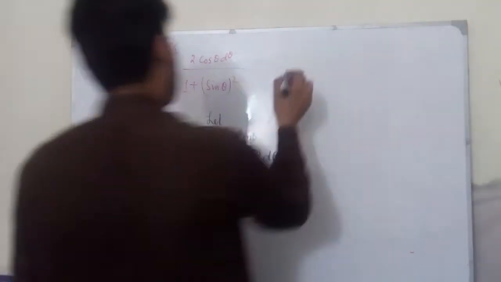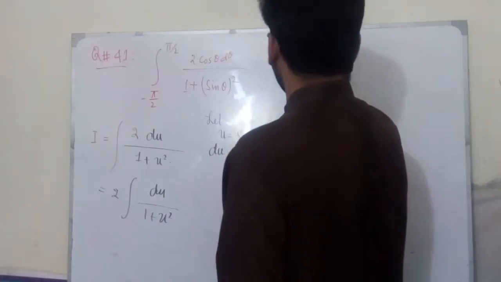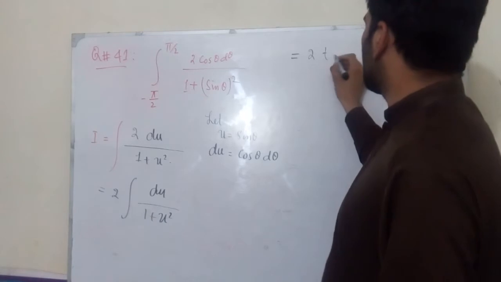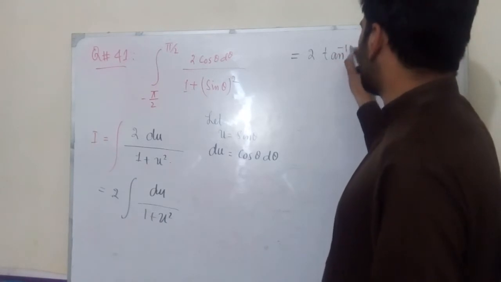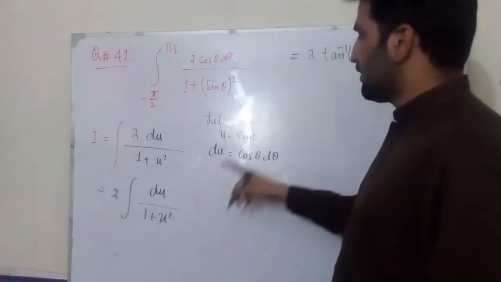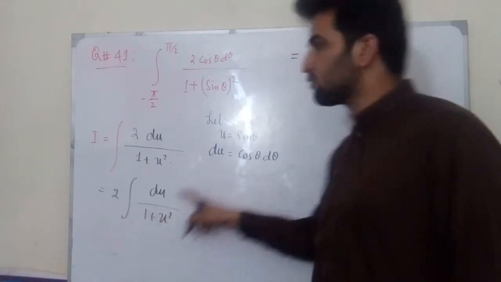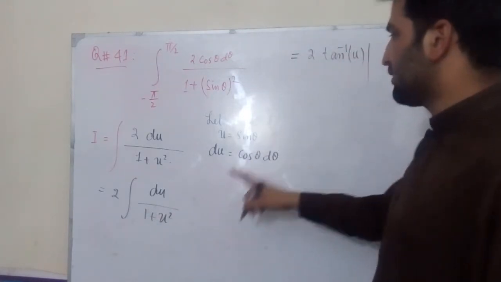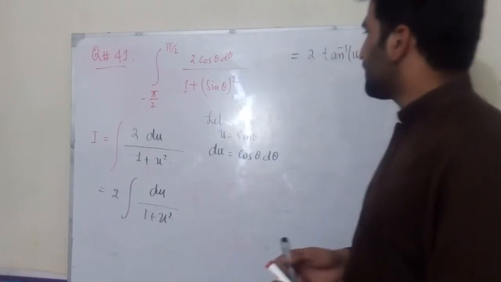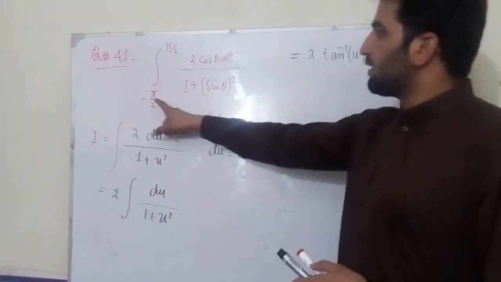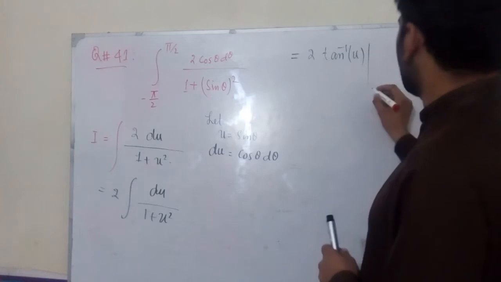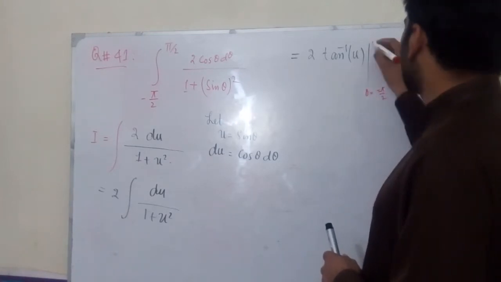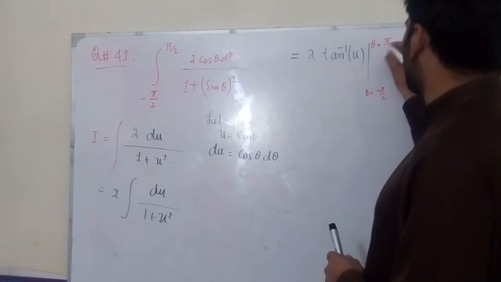So this will be equal to 2 tangent inverse u. Here a is 1, so we don't need to write this. And here theta is from minus pi by 2 to pi by 2. Theta equals minus pi by 2 and theta equals pi by 2.